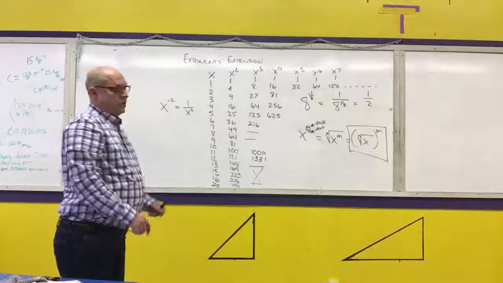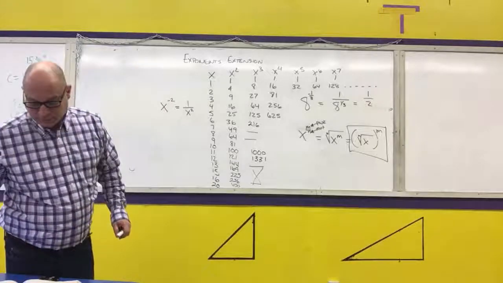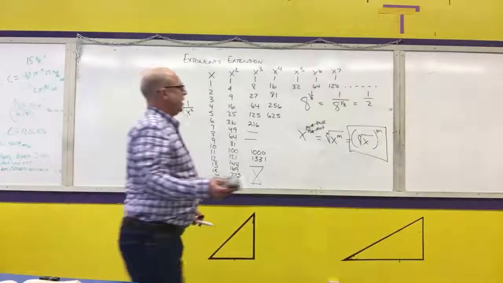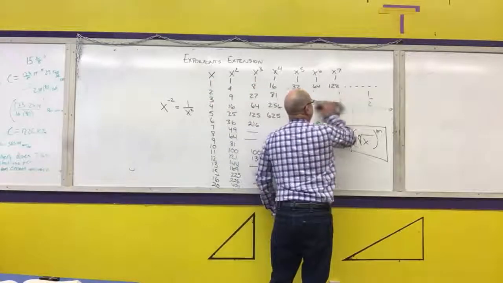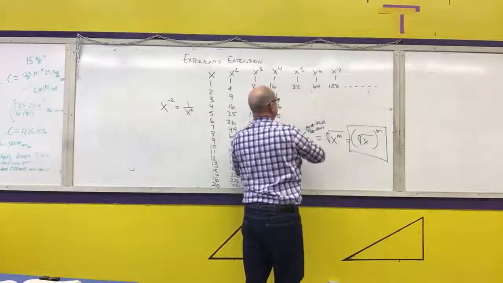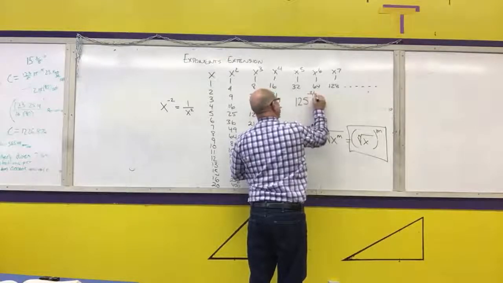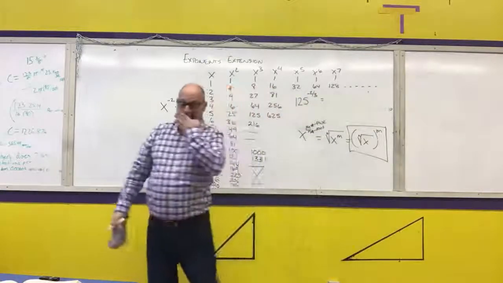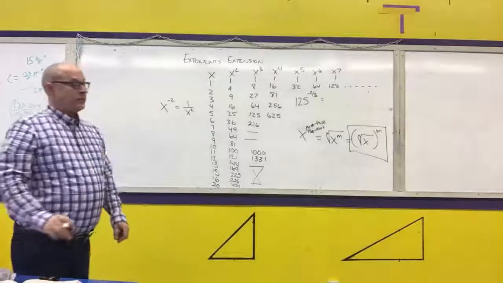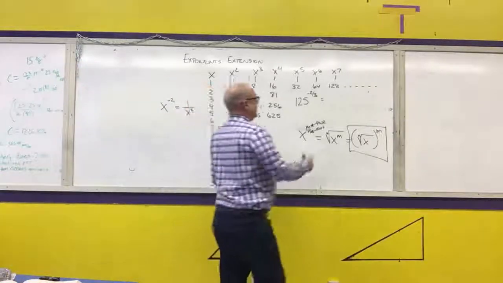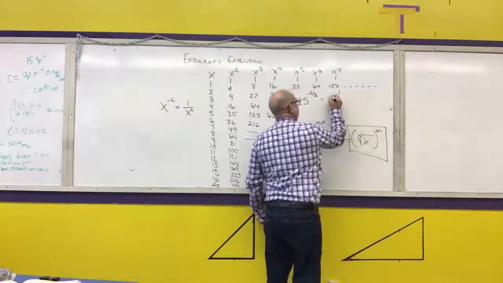Okay, going to do a couple more. 125 to the negative 2/3. First step is to do what? Reciprocate it and make the exponent positive.